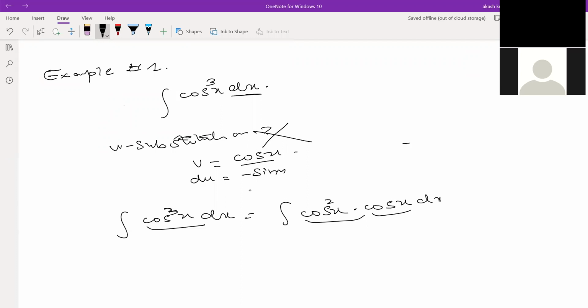And there's an identity that sine square x plus cos square x is equal to 1. So instead of cos square x, I can write 1 minus sine square x.